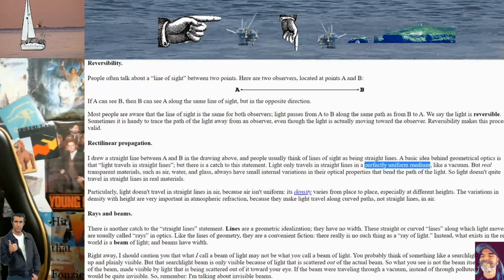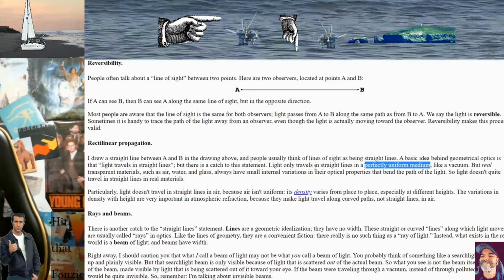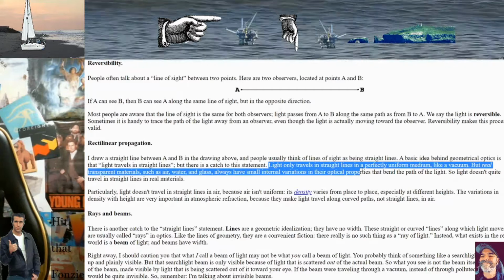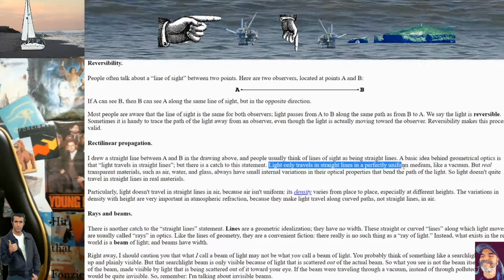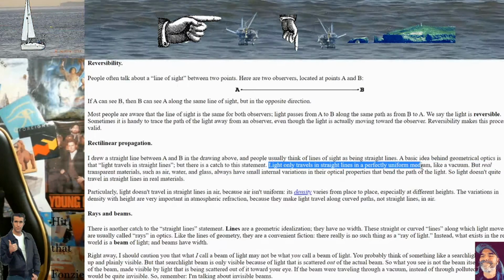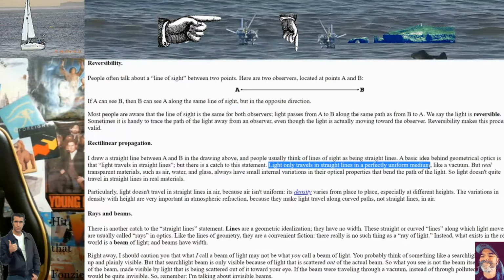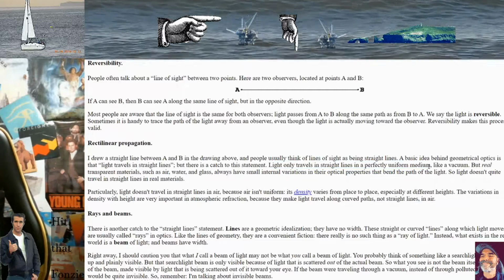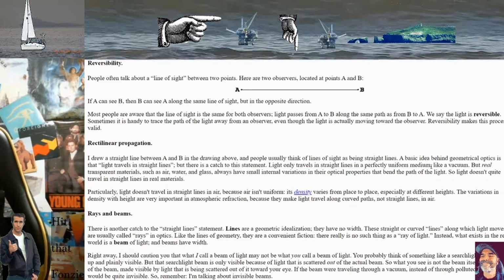It is not perfectly uniform. So there is absolutely no way for us to know if there is any other way that light travels except in making observations in the real world.